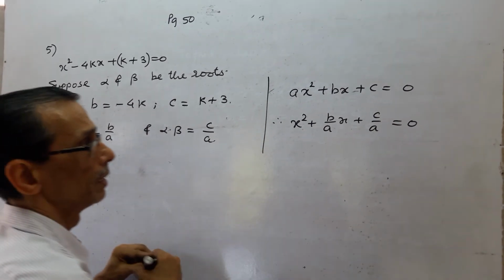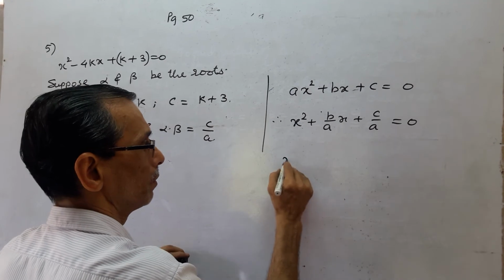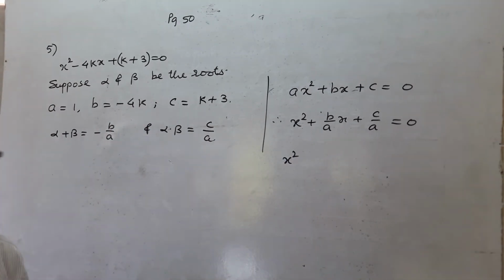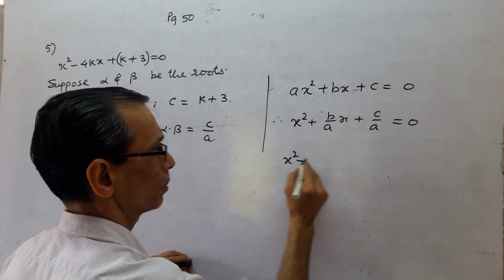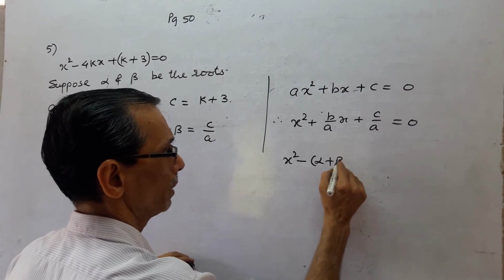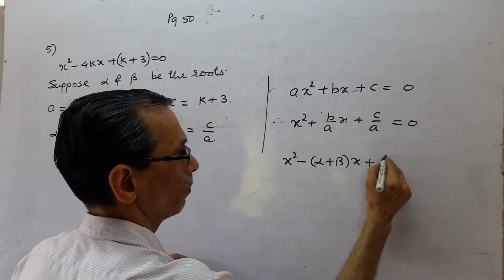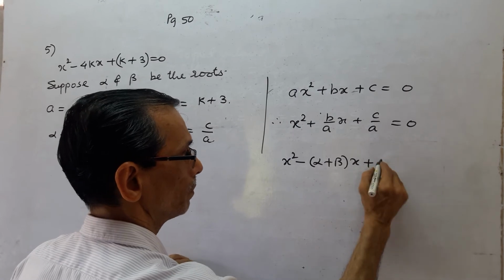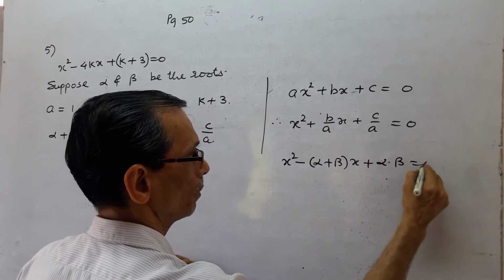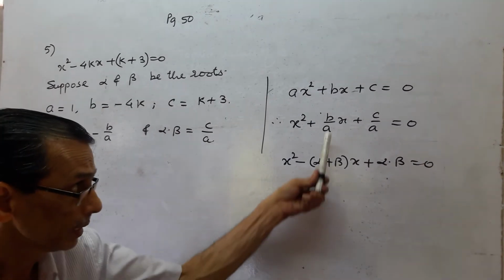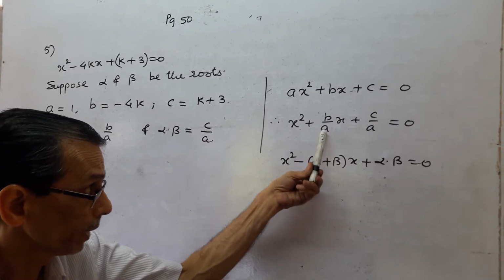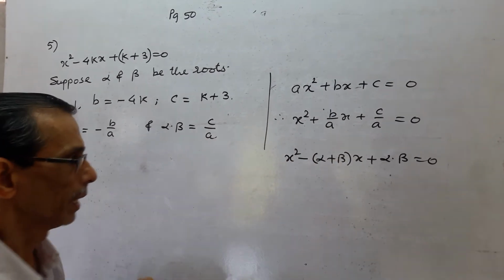So you find that middle coefficient as you compare the equation with alpha and beta. So x square minus alpha plus beta x plus alpha into beta equal to 0. So you find that b upon a is equal to minus alpha plus beta.